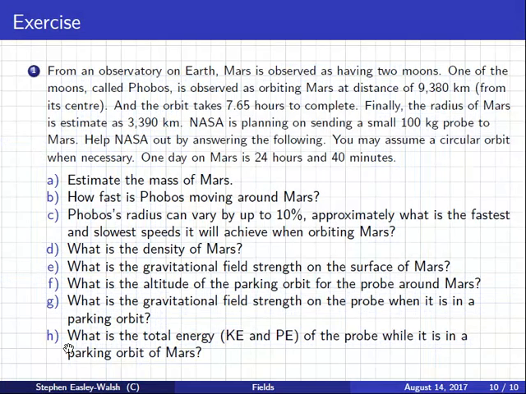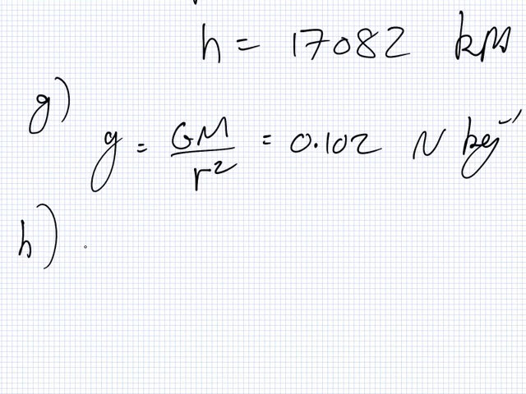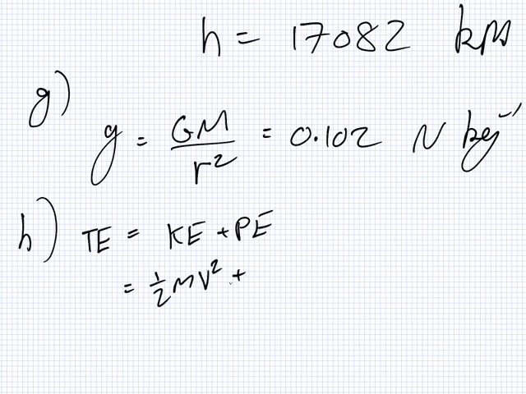And finally, H. What is the total energy of the probe while it's in its parking orbit? Alright, so the total energy of the probe is its kinetic plus its potential, which is a half mv squared minus GMm over r.